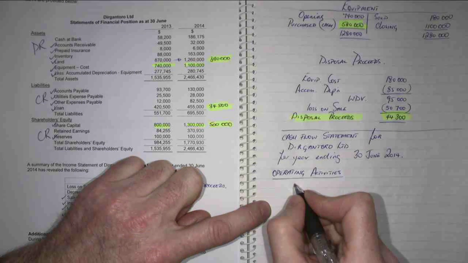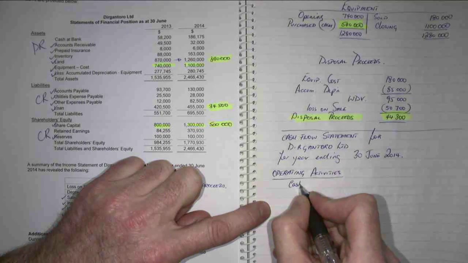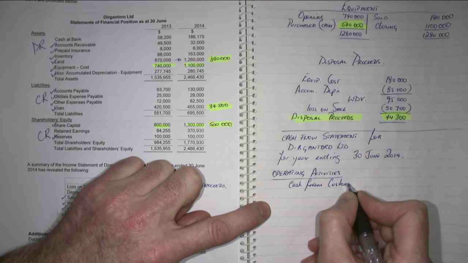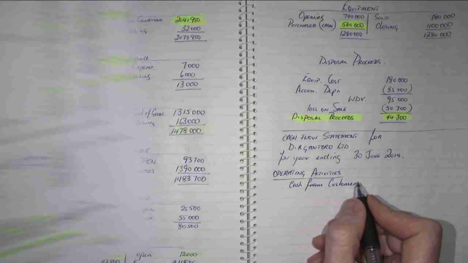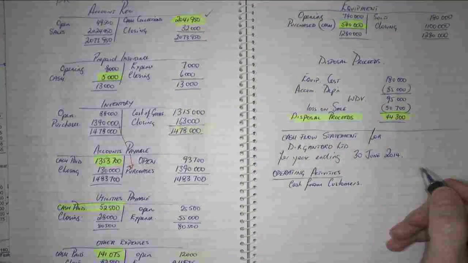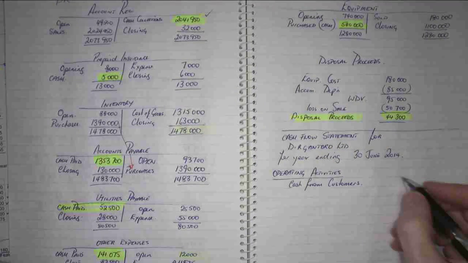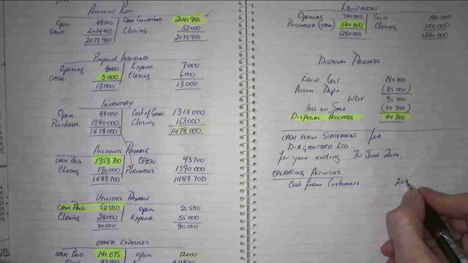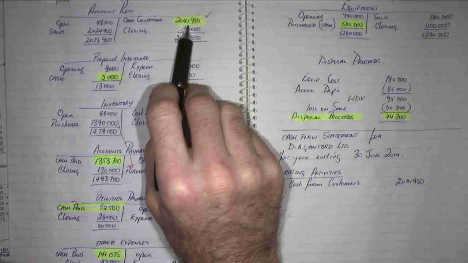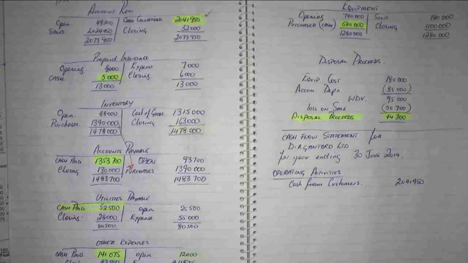Cash from customers. Okay, my cash from customers is 2,041,950 from here. Yeah, so I've ticked off my first one.